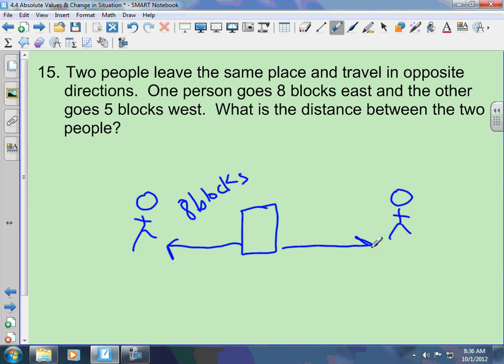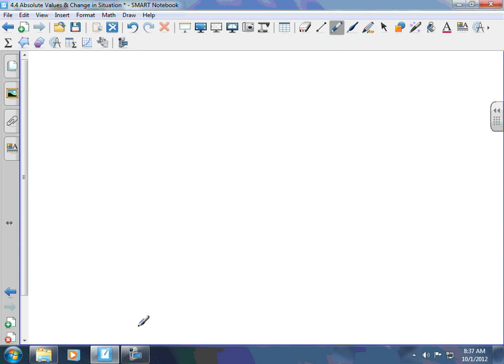The other one only went 5 blocks. What is the distance between the two people? Am I going to add these numbers or subtract them? You're going to add them. They're a total of 13 blocks apart. If you draw pictures, it's going to help you.